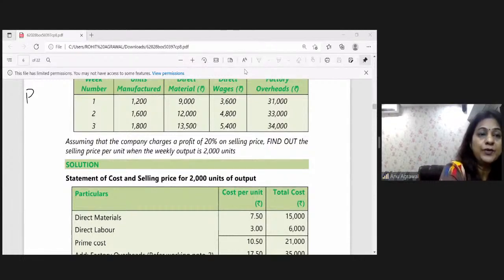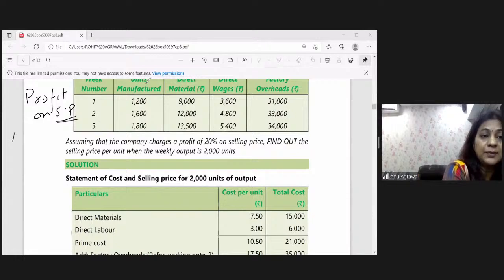If it is profit on selling price, then as per the unitary method of costing, which we have done in grade 7th, if the profit percentage is on selling price, assume selling price to be 100.